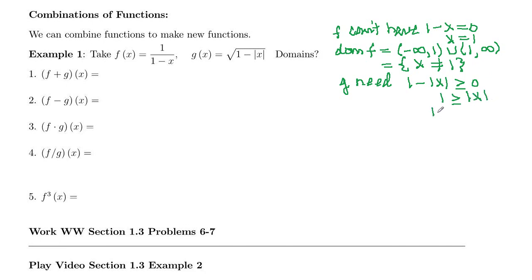Remember, that's the same as absolute x less than or equal 1. And an absolute value less than inequality translates to a between. So x is between 1 and negative 1. So that's going to be the closed interval negative 1 to 1. And that's our domain of g.